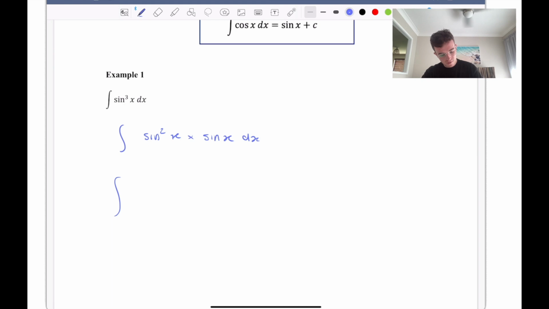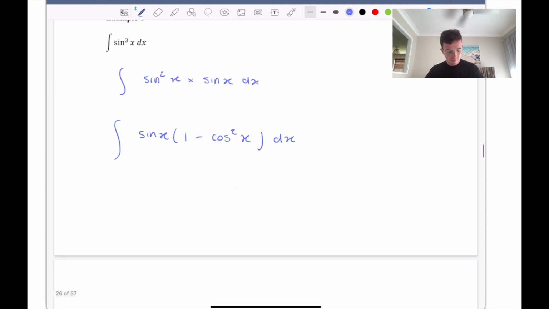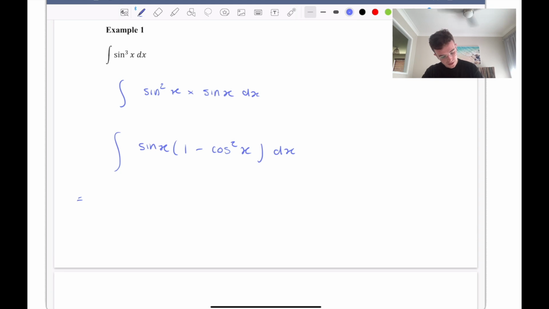So it's going to equal the integral of sine of x times by 1 minus cos squared of x dx. If we expand that, we get the integral of sine of x minus sine of x cos squared of x dx.